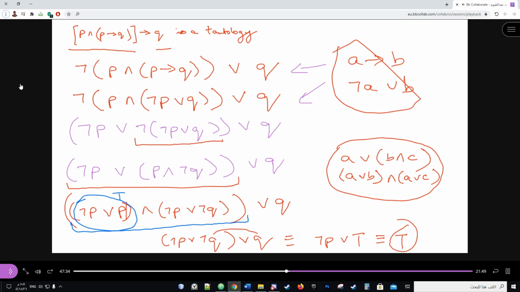Okay, is this clear? It will be clear only if you do it yourself. You have to do it yourself. You have to make mistakes. See, I removed the outer implication first. You can choose to remove this first, or you can choose to do the De Morgan's first, or you can do it in different ways.